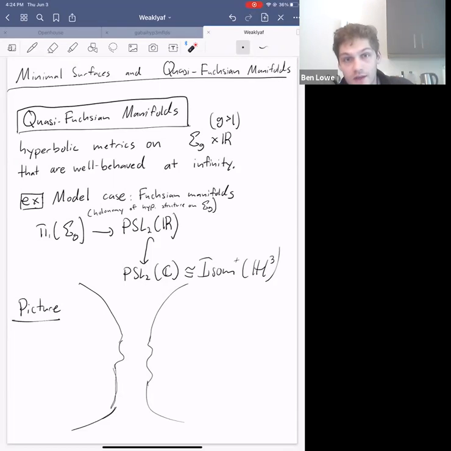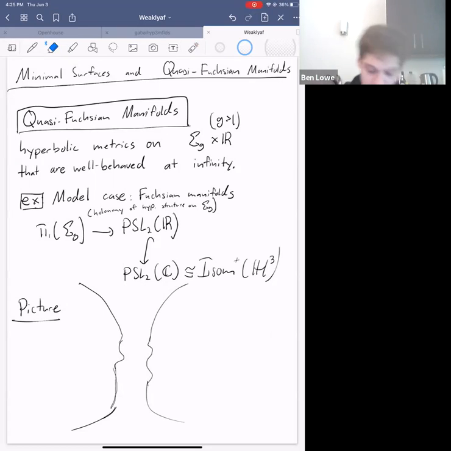If you include that in PSO(2,C), which is the isometry group of three-dimensional hyperbolic space, you get a hyperbolic structure on a surface times R. There'll be a totally geodesic surface in the middle that corresponds to the hyperbolic structure you started with, and then it'll be flared out.